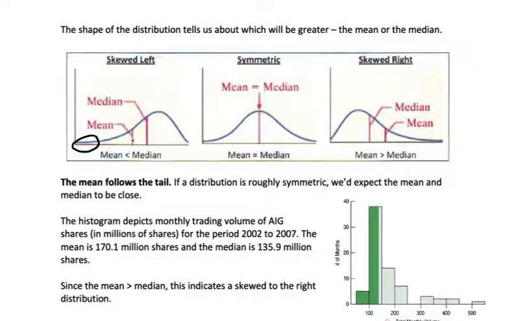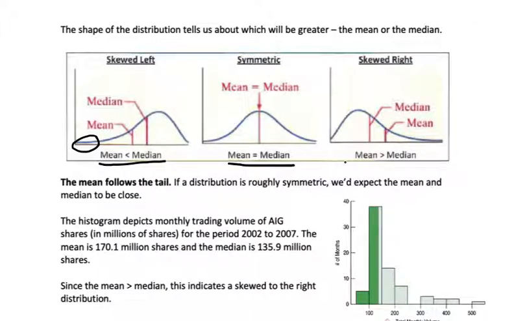And the result of that is that they're going to pull the mean to the left so that it's smaller than the median. So I would expect if the distribution is skewed left, that when I calculate the mean, I'm going to get a smaller number than when I calculate the median. Again, for symmetric, they're going to be approximately the same. Probably not exactly the same numbers, but they'll be pretty close.